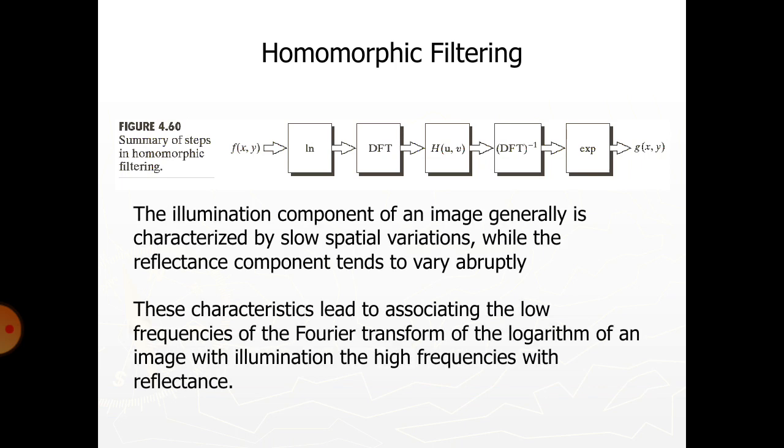The illumination component of an image is generally characterized by slow spatial variations, while the reflectance component tends to vary abruptly, particularly at the junctions of dissimilar objects. These characteristics are linked to associating the low frequencies of the Fourier transform of the logarithm of an image with illumination, and high frequencies with reflectance.